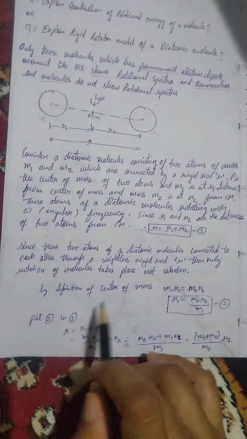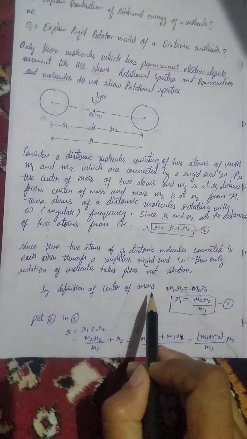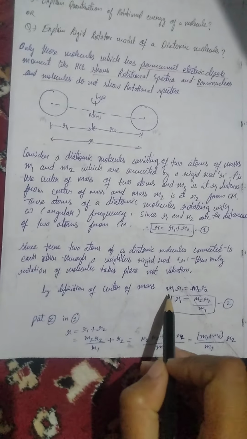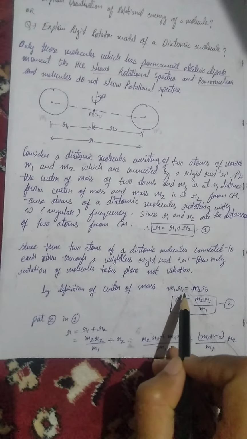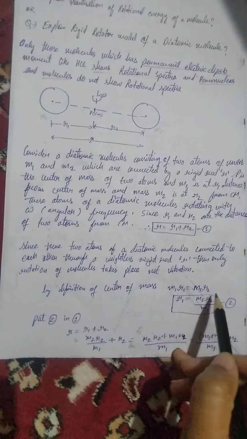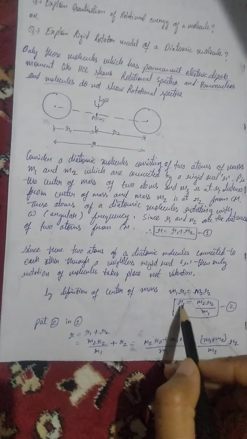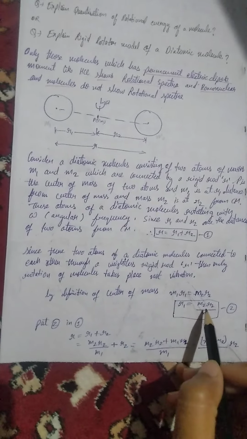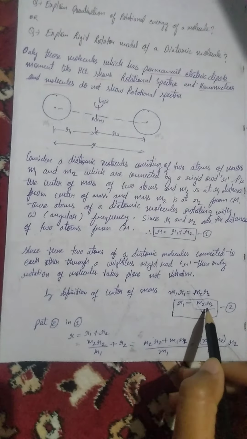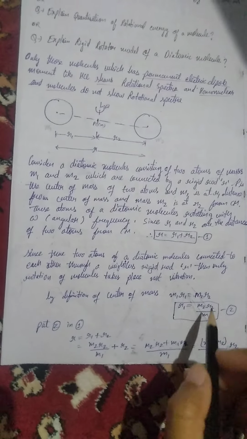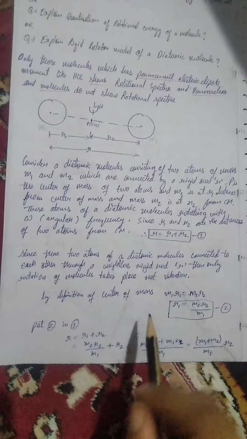By the definition of center of mass we can say m1 r1 equals m2 r2. Then r1 equals m2 r2 divided by m1. Mark this as equation 2.